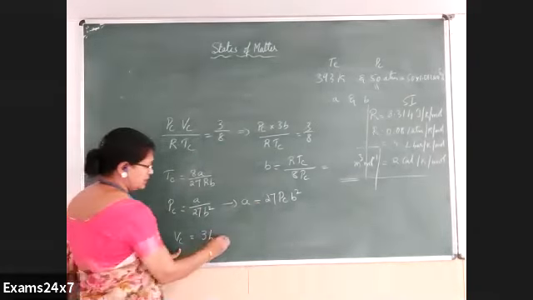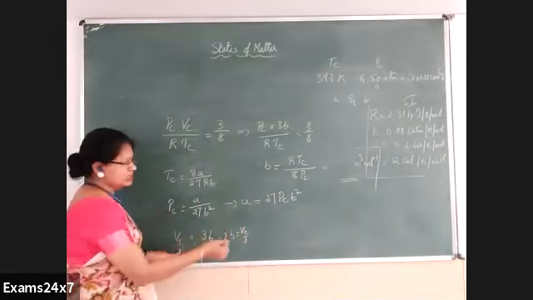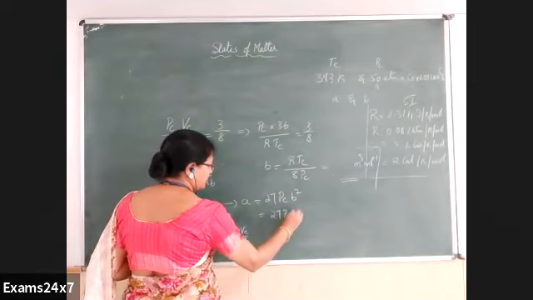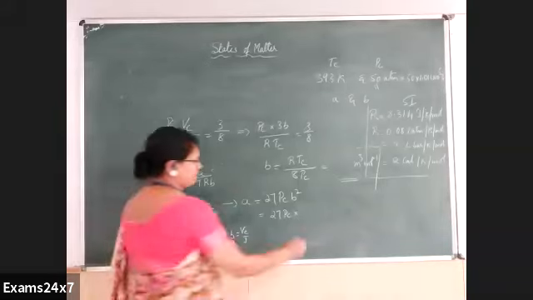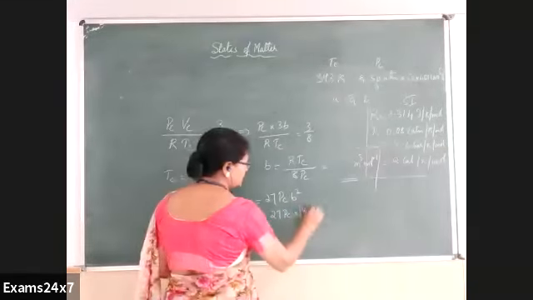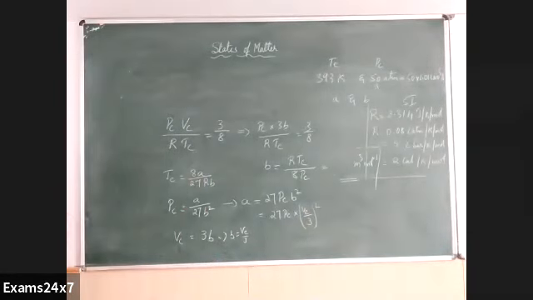From here, B equals VC by 3. Take this. So A will be equal to 27 times PC into, how much is B? VC by 3 power 2. Apply it and find. You can cancel the common terms and proceed.